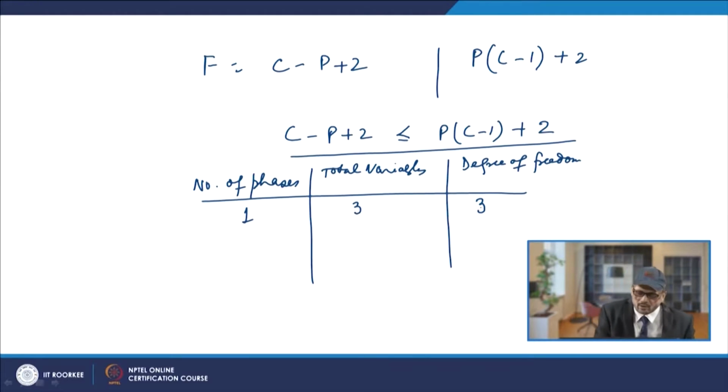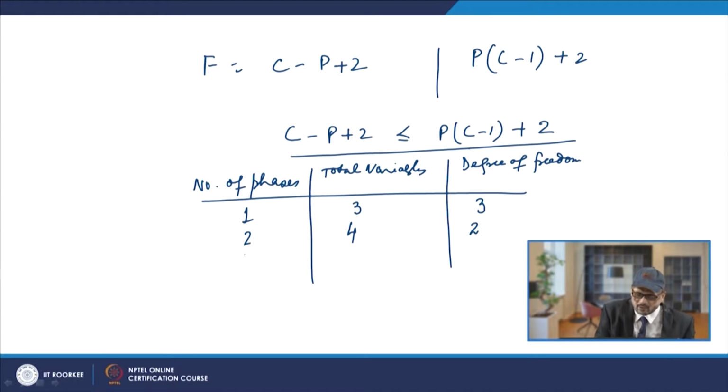Now, if you go for the number of phases as 2, for a 2 component system it will be 2 into 2 minus 1 plus 2, so 2 plus 2, that is 4, and the degree of freedom will be 2 minus 2 plus 2, so it will be 2.